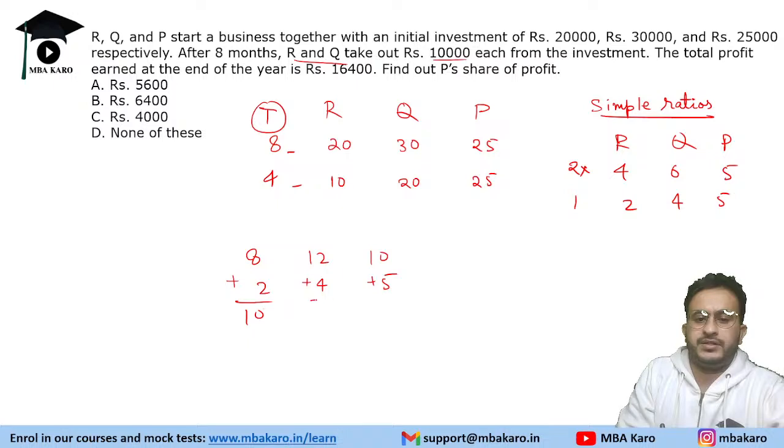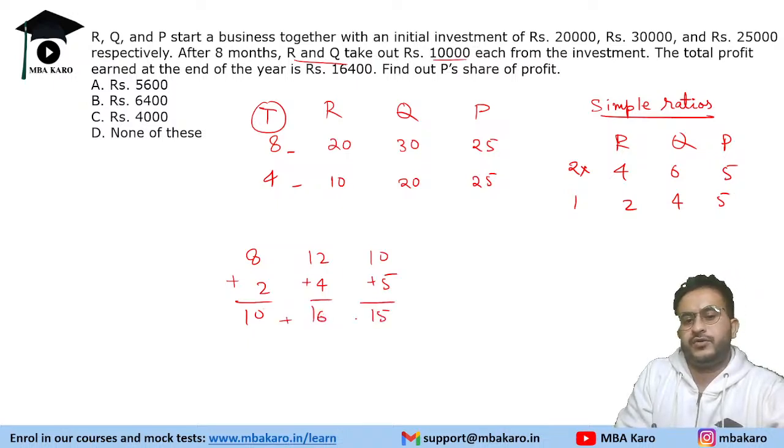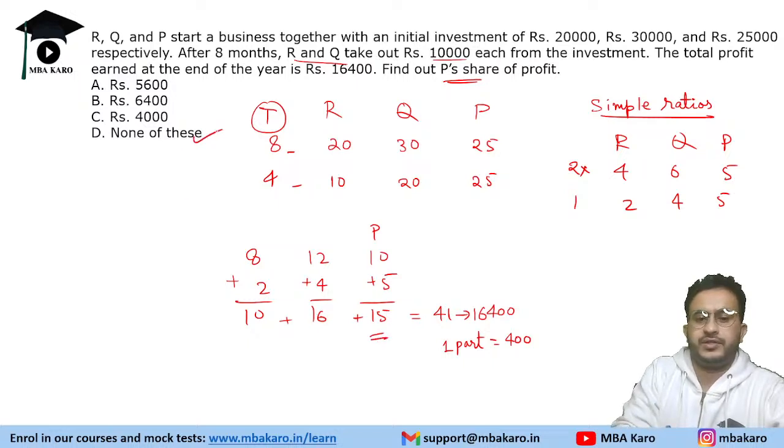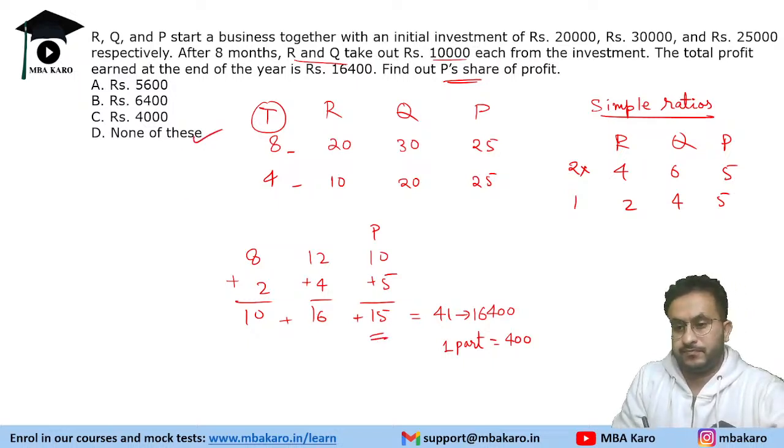Adding, we get 10, 16, 15. So the total is 41 parts, which is again 16400, so one part is equal to 400. We need to find P's share. So this is P: 15 into 400, 6,000 will be the answer.